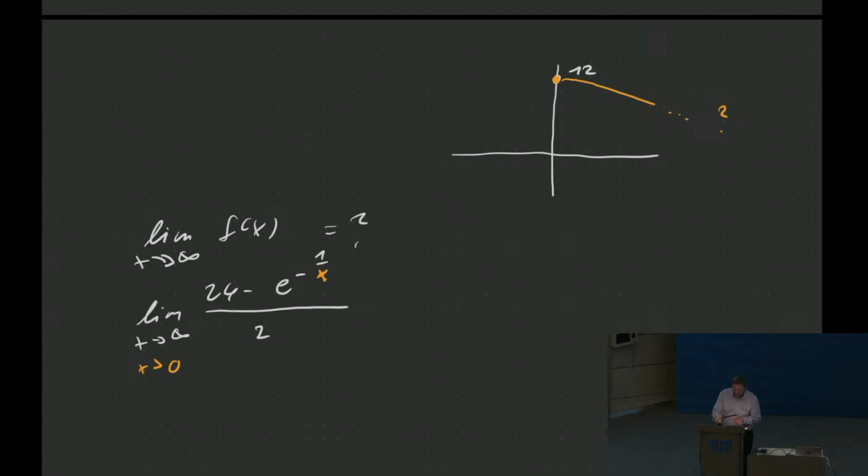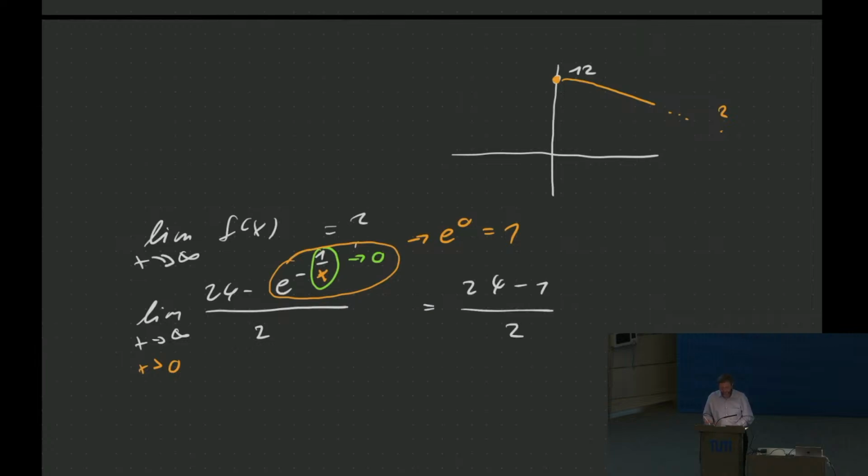And that means if x increases, then this expression here will go to 0. E to the minus 0, well, that is a simple function value. We can just substitute that. So that means this will go to e to the 0 or 1. And that's all there is to this limit. So in other words, what we get is 24 minus 1 over 2, or 23 over 2.